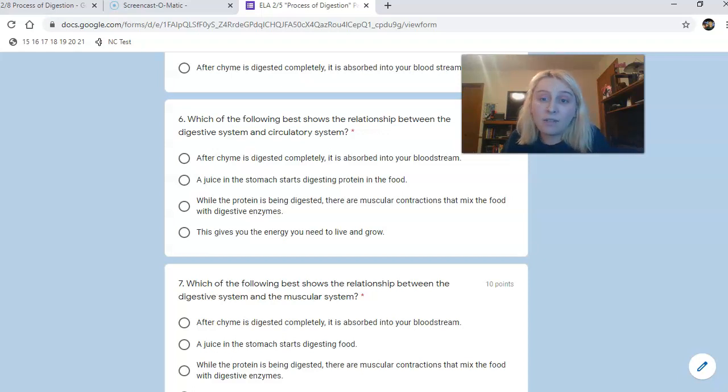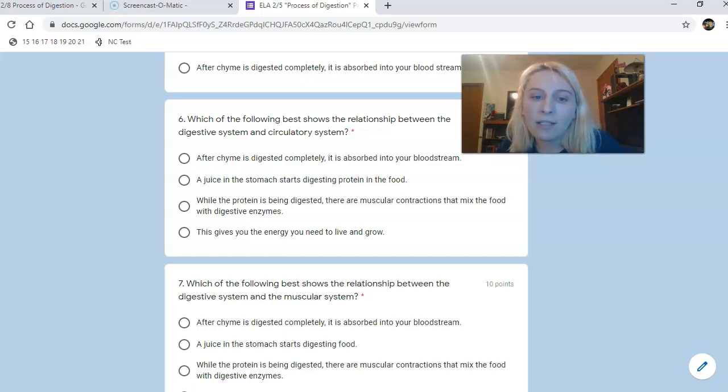But your digestive system doesn't have some sort of pathway to every cell in your body, so how does every cell in the body get what it needs that the digestive system has just produced for them? And that would be the circulatory system. The circulatory system with the bloodstream is going to grab up those nutrients and get them to where they need to go. So we need an answer that ties into that. Of these four, the best one that ties into that.